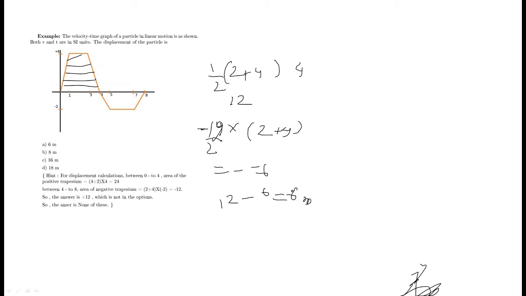Fine. Good enough. Okay, one more question. The speedboat starts from rest, accelerating at 2 meters per second square for 20 seconds. It then continues at a steady speed for 30 seconds and decelerates to rest in 30 seconds.